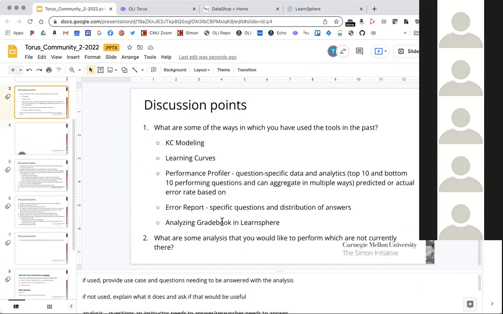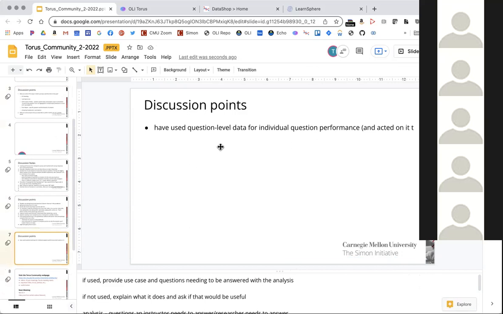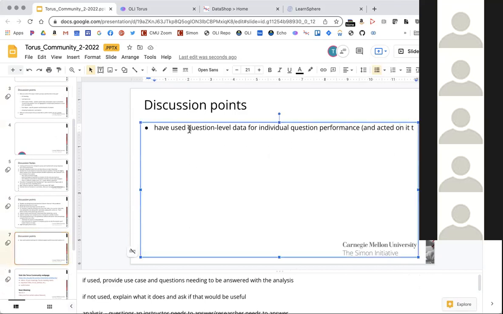Technical issues here. So you're using a combination of, so I've used question level data for individual questions, acted on it to improve questions.